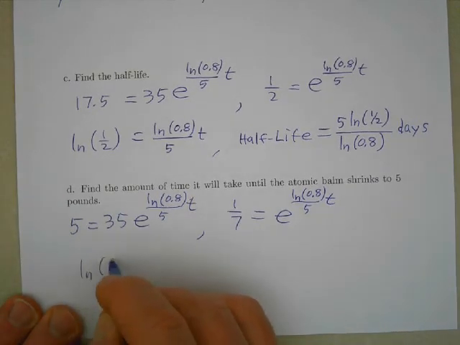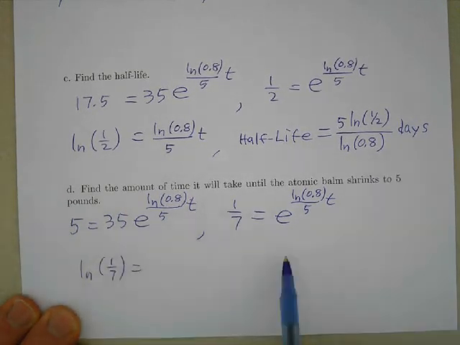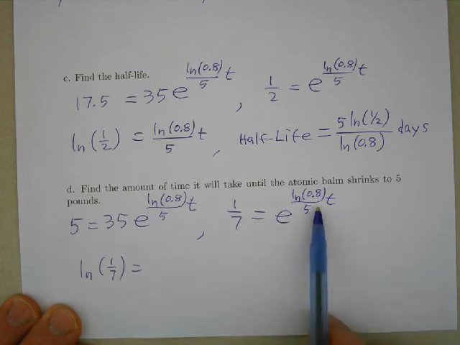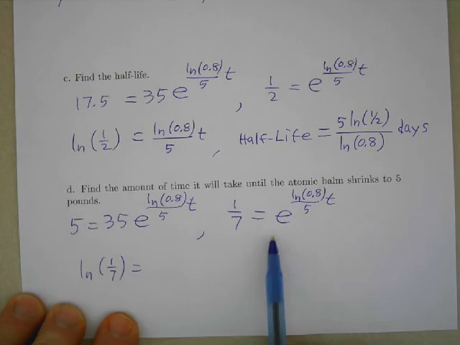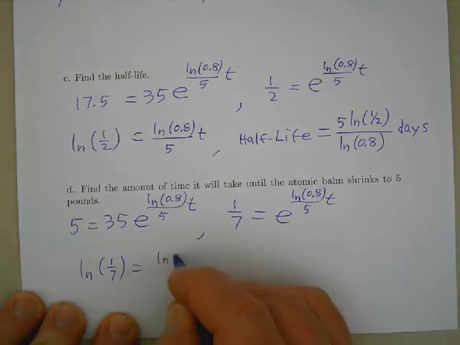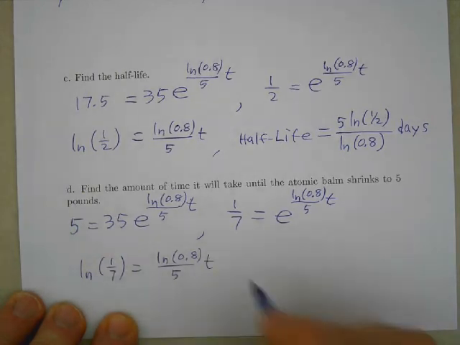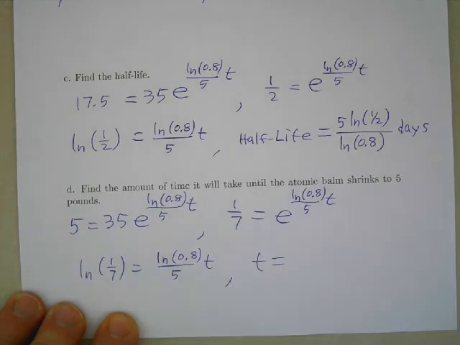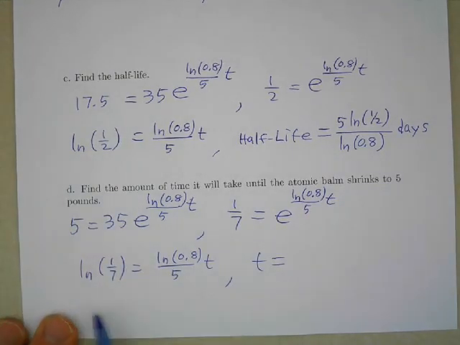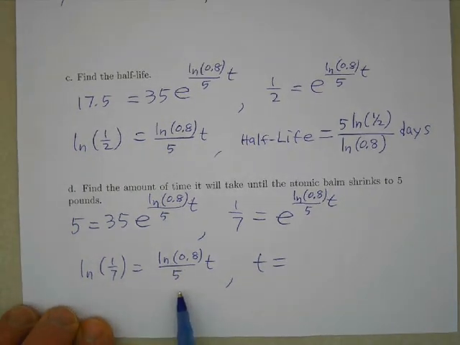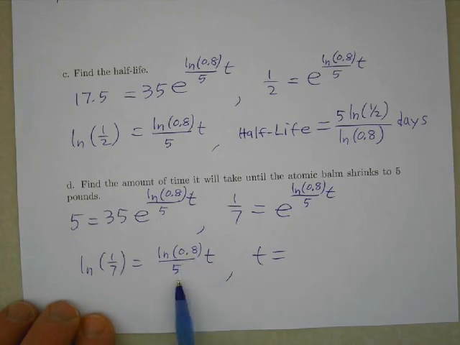The natural log of 1/7 equals the natural log of e to the exponent, the natural log of 0.8 over 5 times t. So the natural log of e to an exponent is just the exponent, so we'll just write the natural log of 0.8 over 5 times t. Then t can be found if you multiply both sides of this equation by the reciprocal of the natural log of 0.8 over 5.